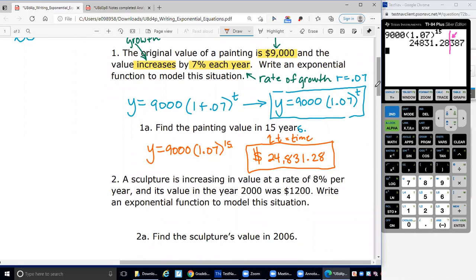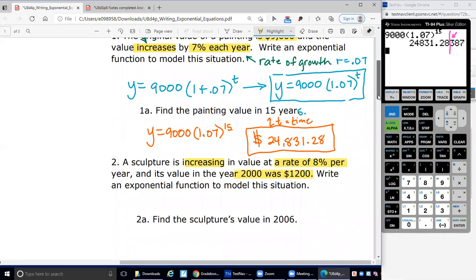Okay. We have a sculpture that is increasing in value at a rate of 8% per year, and its value in the year 2000 was 1,200. We want to write the exponential function to model this situation.